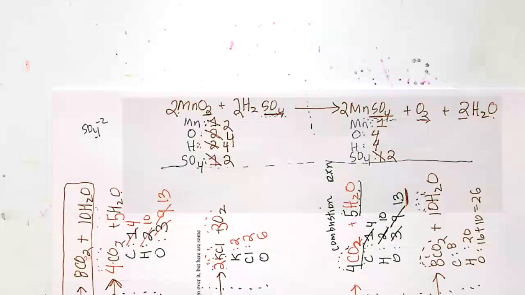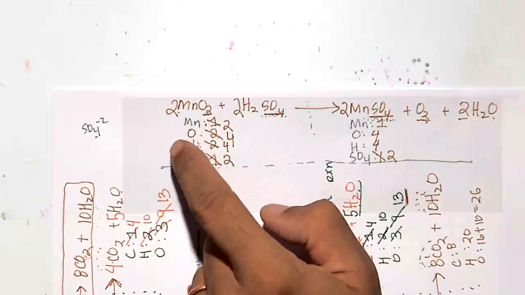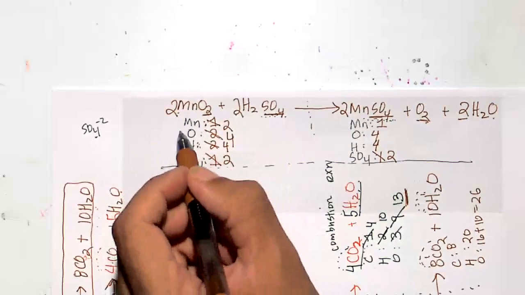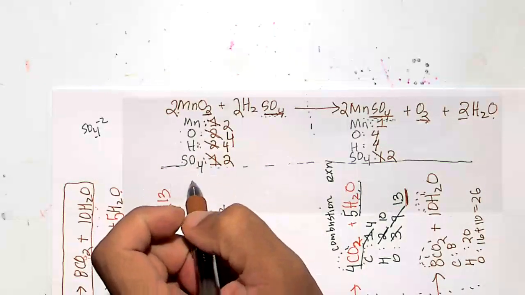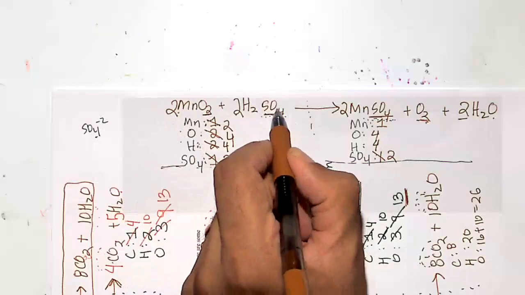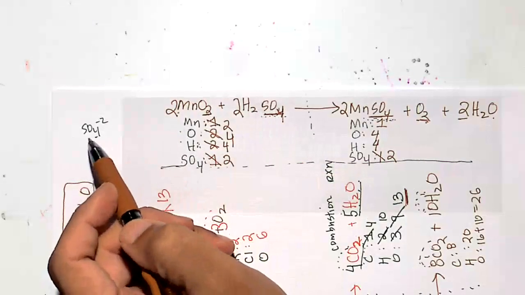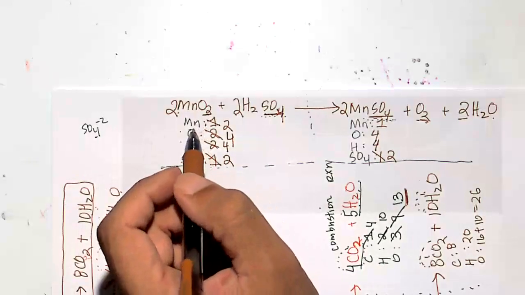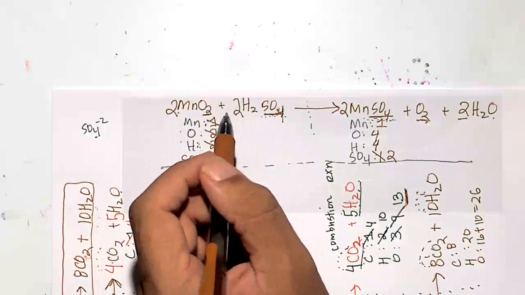So why did you take the sulfate out as one unit? It's just for ease. I could do Mn, O, H, S and separate them out, but it's easier if I take this as 1 unit. This is called the sulfate ion. You can do it like we've been doing before, but this is easier.